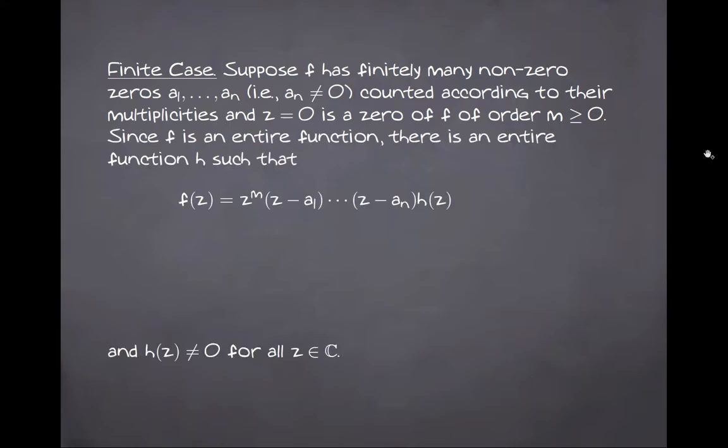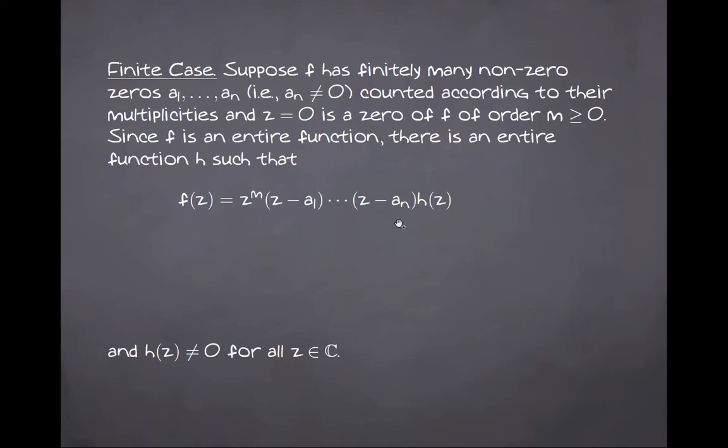Because f is an entire function, we recall that if these are zeros, there is another analytic function from C to C, so another entire function. Because z equals 0 is a zero of order m, we have z^m. a1 is a zero, so we can take that factor out also: (z minus a1), (z minus a2) up to (z minus an), and h(z), where h(z) is non-zero for all z in C. This we have seen earlier in unit 1 itself.